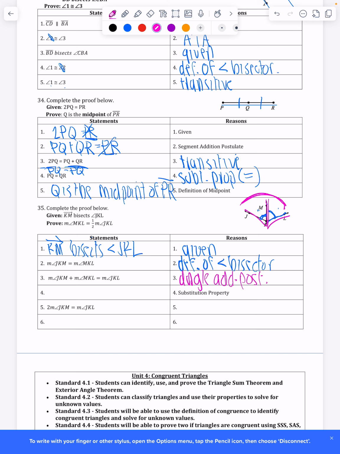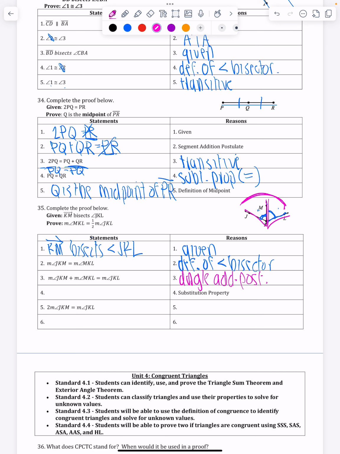Well, if we see that JKM is equal to MKL, what we're going to do is we're going to say measure of angle JKM plus the measure of angle JKM equals the measure of angle JKL. All right, so JKM and JKM equals JKL.